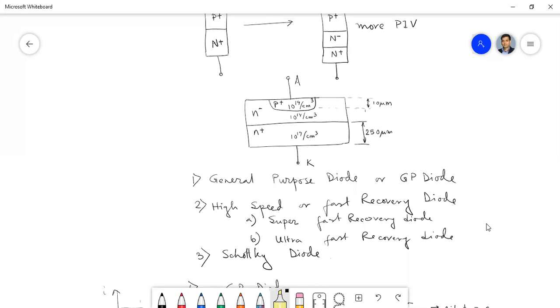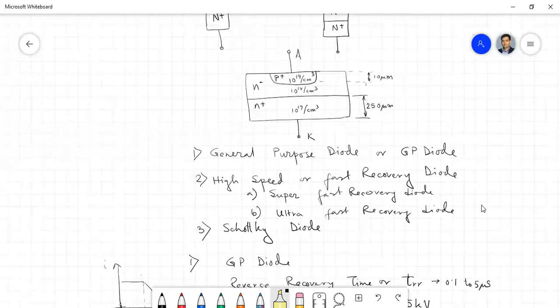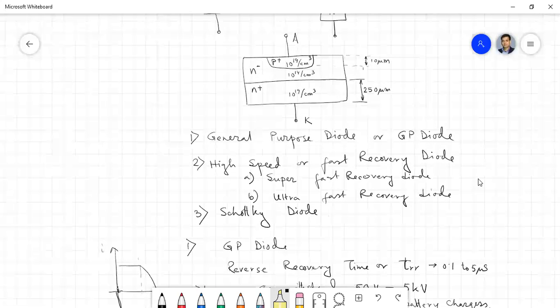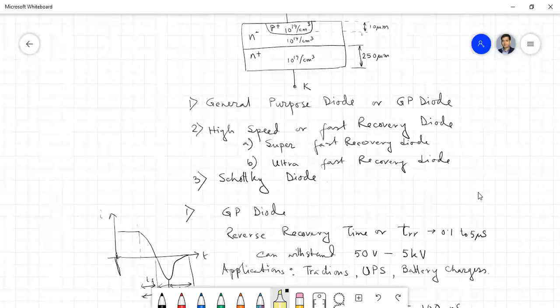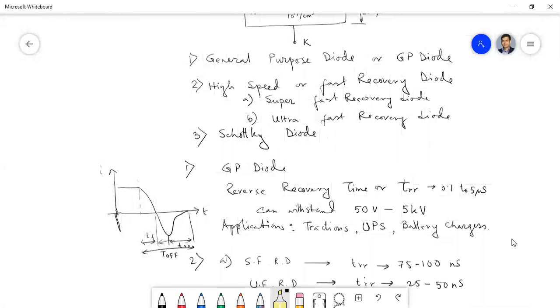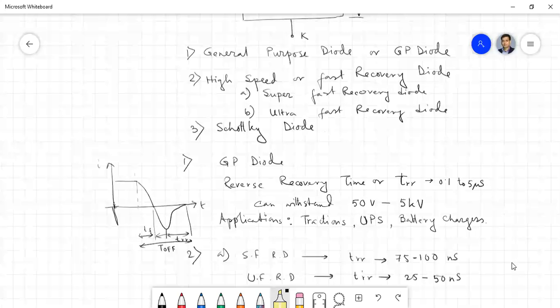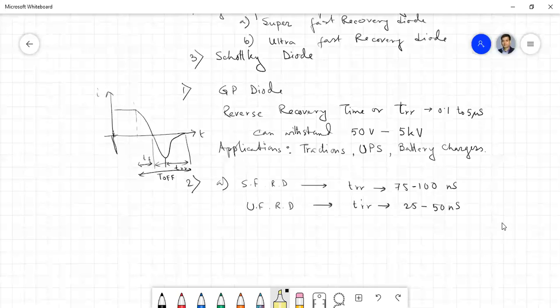The super fast recovery diode and ultra fast recovery diode are the two variations of this high speed recovery diode. Another thing is the Schottky diode, which is not a PN junction diode. That also I will discuss today. So these are the things we discussed in the last class.